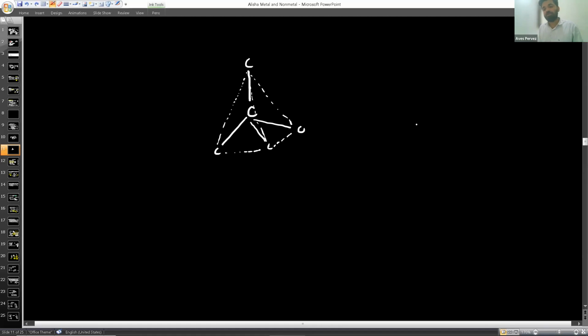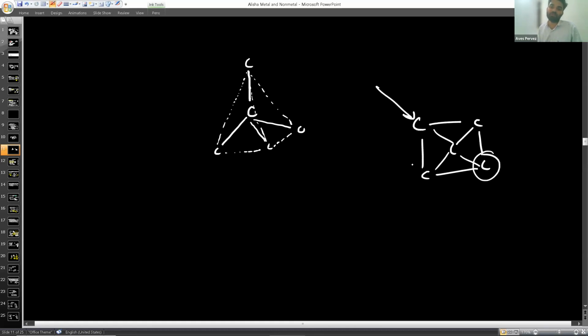You know that if they are arranged this way, with these four carbons attached, there is also a structure. But you see that if I apply the force on this carbon, the maximum force will act on this carbon. These two carbons have a bond angle of 180 degrees and these two have 90 degrees. So there is an unequal distribution of bond angle and force.